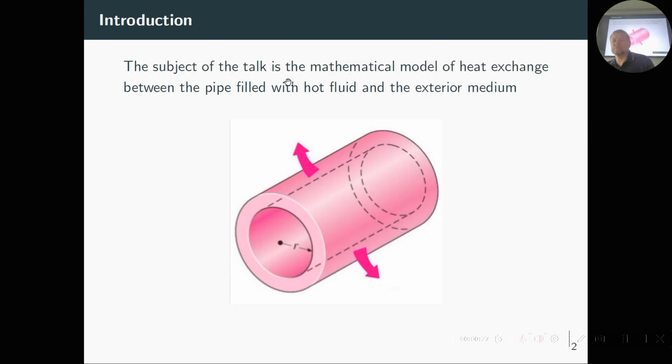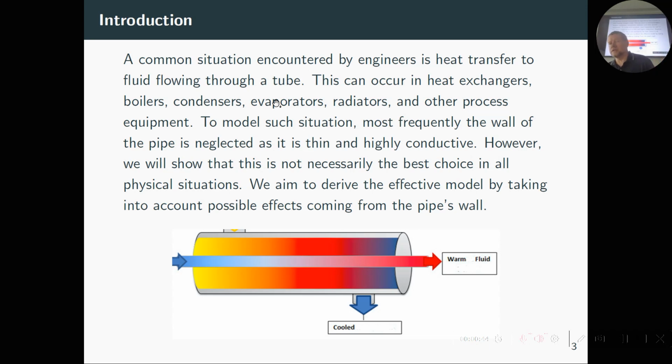For example, you have some pipe with fluid which is hot inside, and the exterior medium is, say, cold. So there is a heat exchange between the fluid inside and the exterior medium. It appears frequently in many heat exchangers in industrial facilities, but also in, for example, the human body, because the human body has a very clever way of regulating our temperature, which also includes the heat exchange between the blood vessels and the exterior tissue.